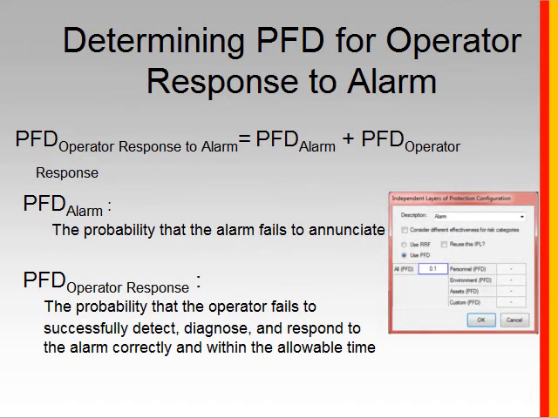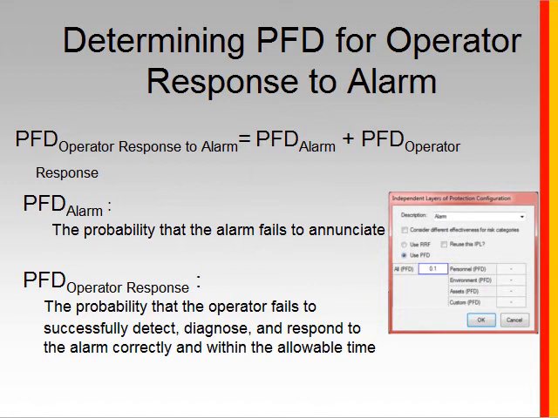So now let's look at the probability of failure on demand for that operator response plus alarm layer, for the whole layer of protection related to alarms and operator response. And it really consists of two different elements, two components.